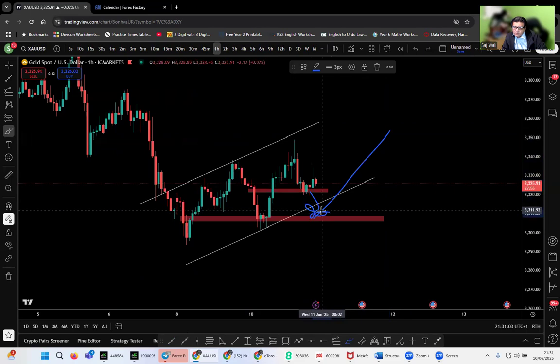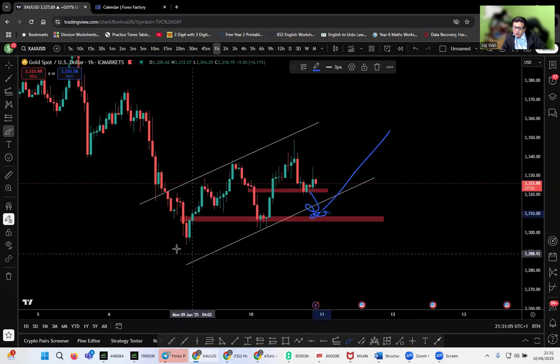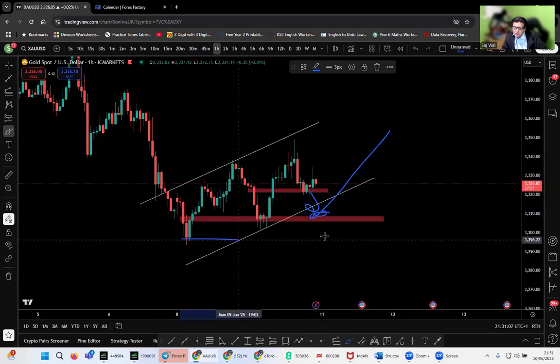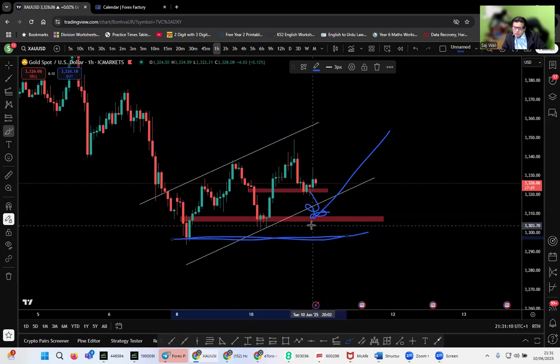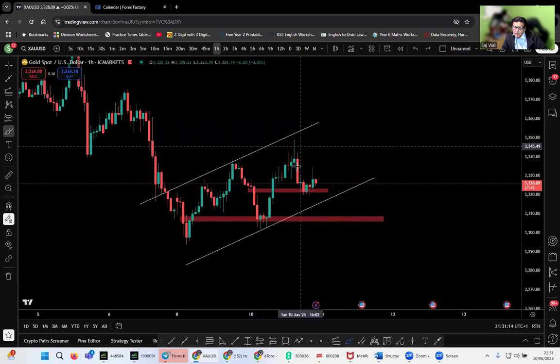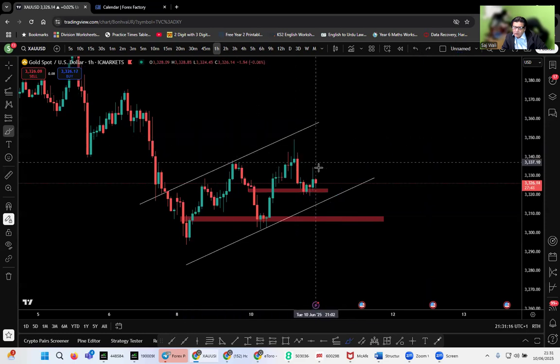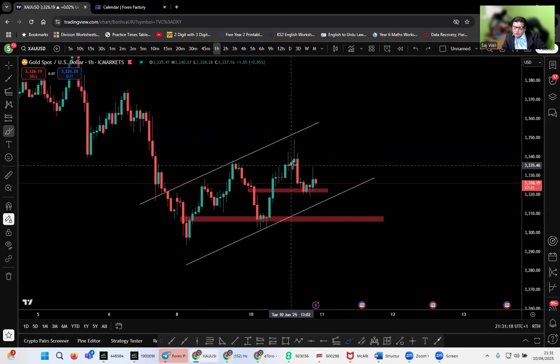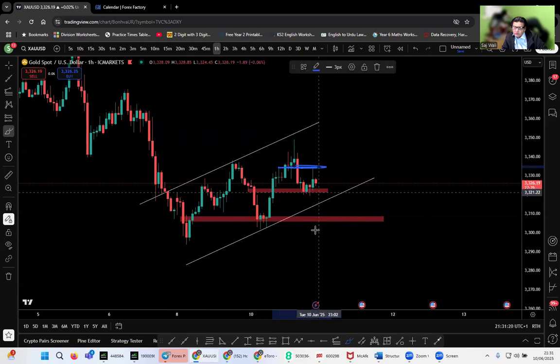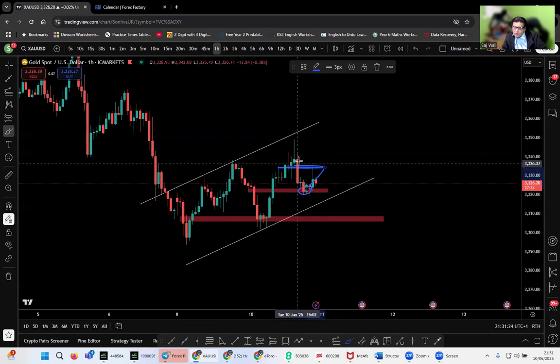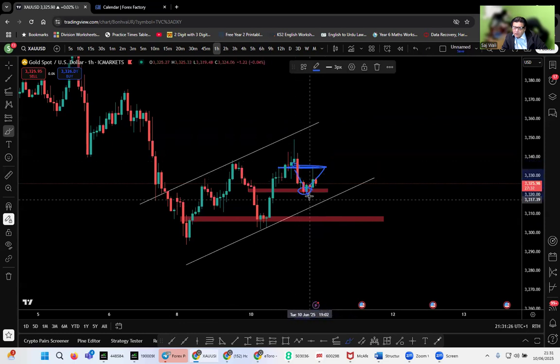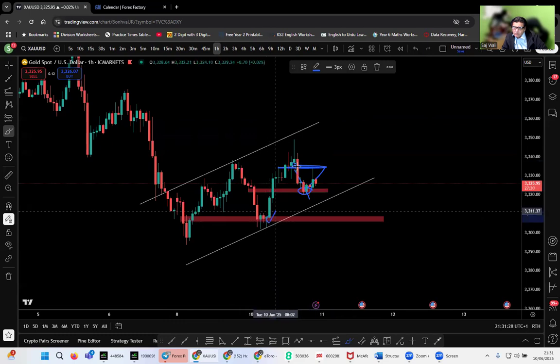But if this is broken, then probably we can see this breaking as well. So ideally, because this level has already been tested, we got a good trade from here to there. Before that, we had a trade from here to there. So brilliant trade. Plenty of good trades.